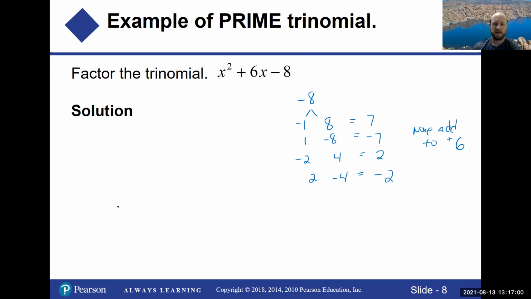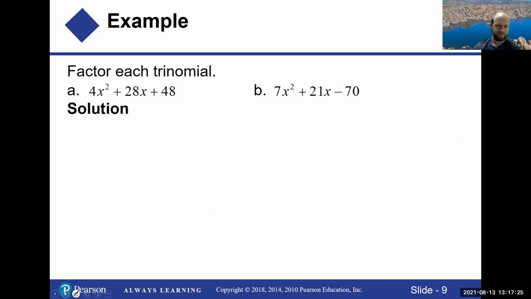Well, that means that the trinomial, which just means it has 3 terms, is prime. It has no other factors but 1 and itself. That's what prime means. The only thing you could take out of this is a 1. Well, that just doesn't really help us, okay? So it's prime.